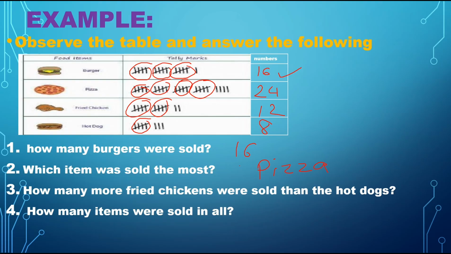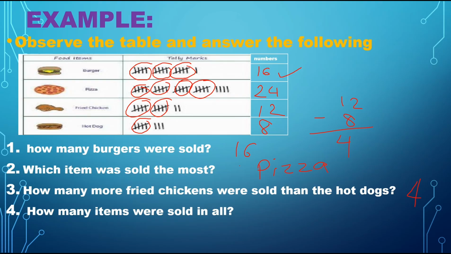So check. Fried chickens are 12 and hot dogs are 8. So what you have to write? We write 12 minus 8, so that we are getting 4. So 4 more fried chickens were sold than the hot dogs.